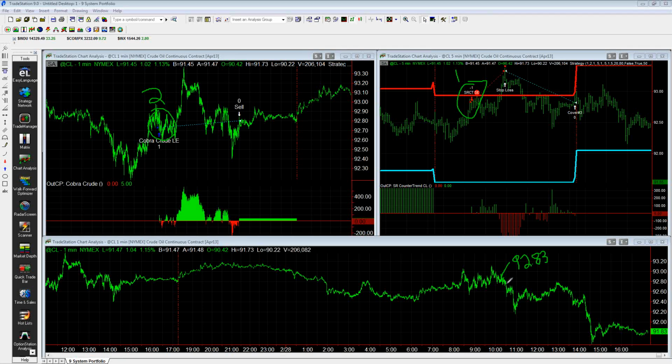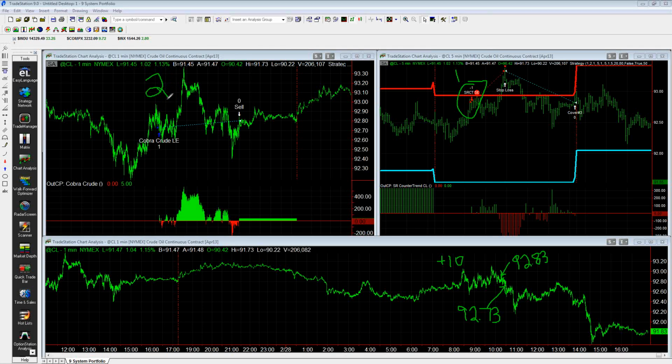So that's about right in here. You're plus 10, or $100 per contract. And then you're flat. Your actual position now is flat. So one system is short and one system is long.